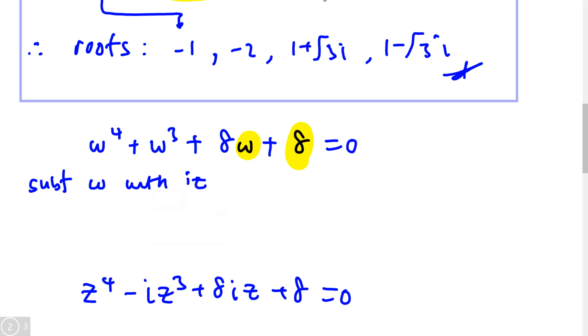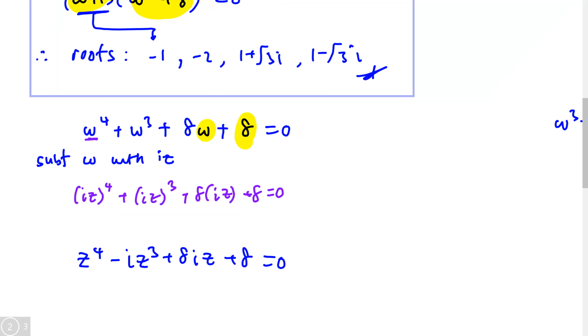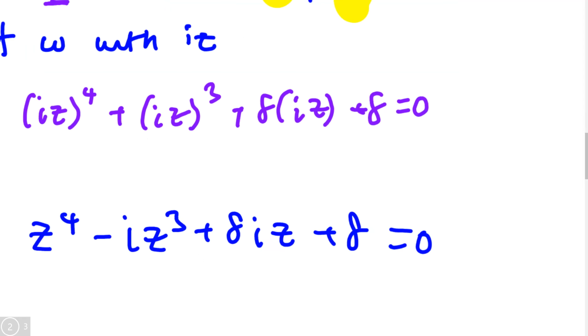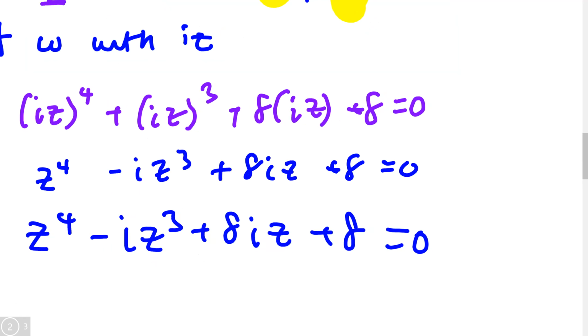If I sub it in, this will be (iz) to the 4 plus (iz) cubed plus 8iz plus 8 equals 0. And you realize that i to the power 4 is just 1, and i cubed is just -i, giving z cubed minus iz cubed plus 8iz. You get the same expression.